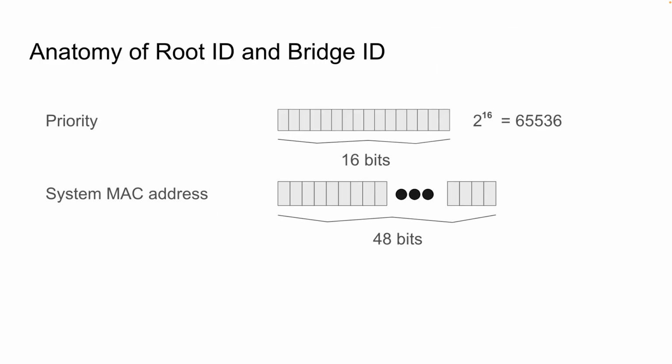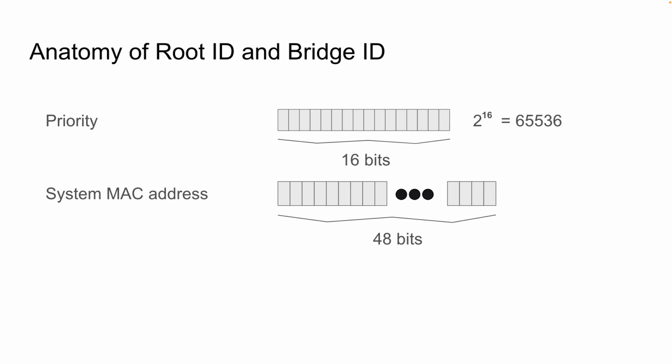Let's see how the priority field is redefined to support parallel instances of spanning tree protocol. Well, the initial priority field contains 16 bits, which gives us 65,536, or 2 to the power of 16, values, starting from all zeros and ending with all ones.